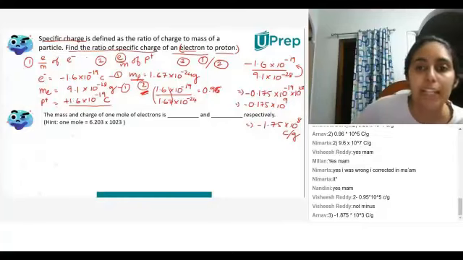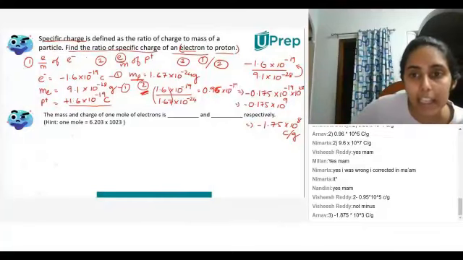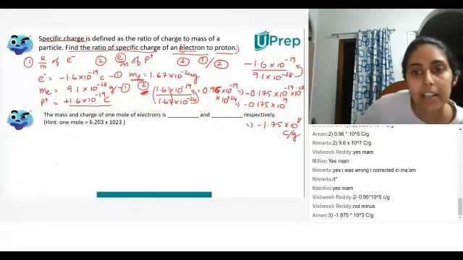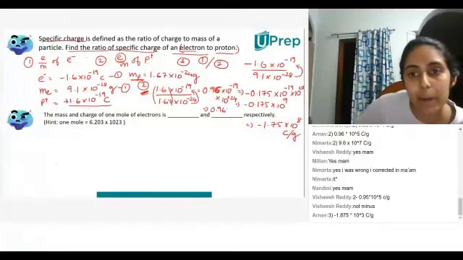So 0.96 into 10 to the power minus 19, and I'm going to bring this in the numerator, so it will become 10 to the power plus 24. If I simplify that, it will be 0.96 into 10 to the power 5, or I can write it as 9.6 into 10 to the power 4 grams per coulomb.